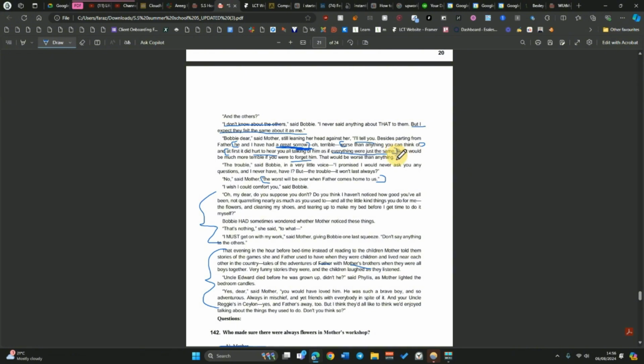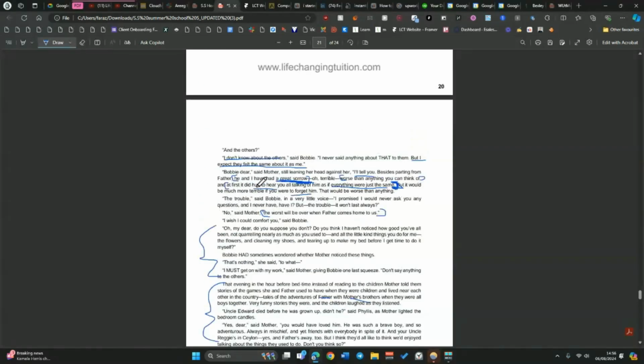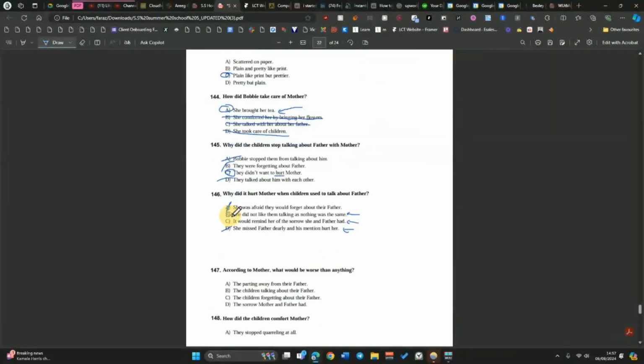So there's no actual evidence that she was hurt by anything else. What this line is explaining is at first it hurt, maybe it didn't hurt afterwards. So the only time it actually hurts is when they talk about him as if everything was just the same, which is why the answer would be B.